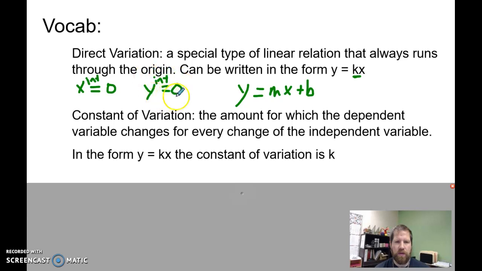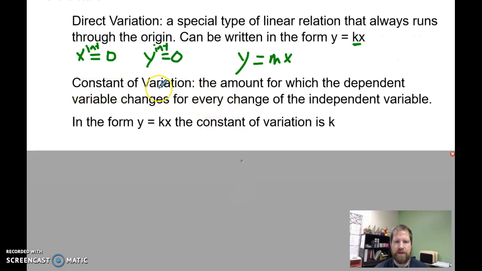Basically, because the y-intercept is always 0 in a direct variation, we're just erasing that. That's what we're left with, except we use k instead of m to represent the slope.